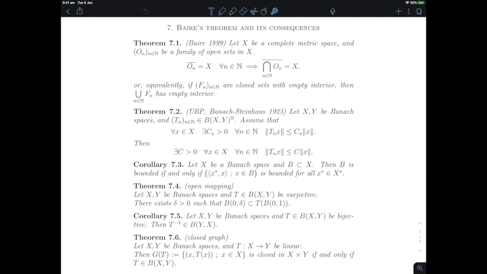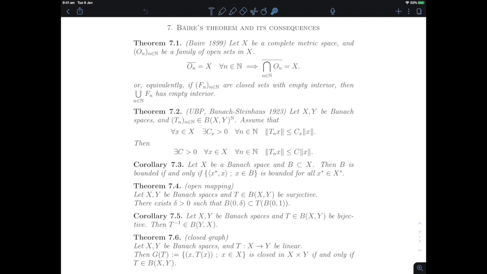if I have a set B in a Banach space, I can test whether or not that set is bounded, that is to say, that the supremum of the norms of elements of that set is finite, by only testing the elements of that set against linear functionals, right? So this is what you might call weakly bounded.